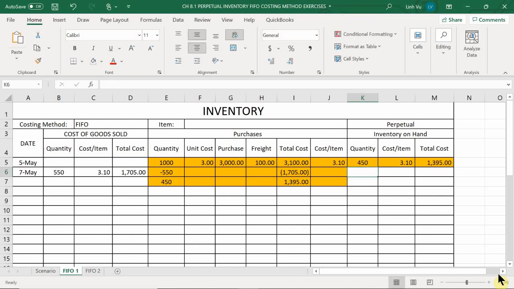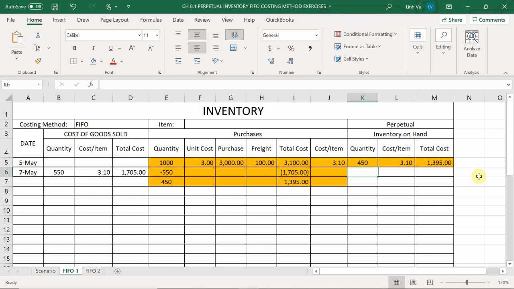When I press enter, it's going to tell me that my total cost right now should be $13.95. This way I can verify that my calculations are correct and it's still at $3.10 each. So that verifies that I started out with 1,000 items at 3,100 and got rid of 550 items at 1,705, to end up with 450 items remaining at a total cost of $13.95.